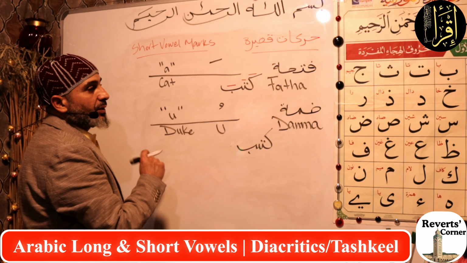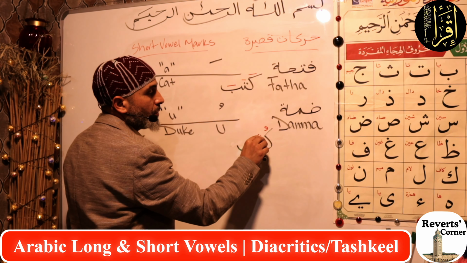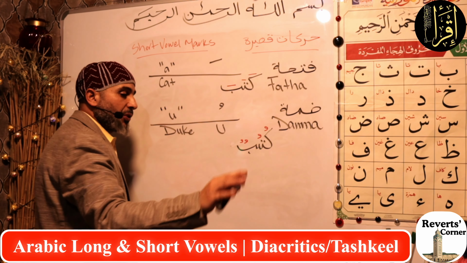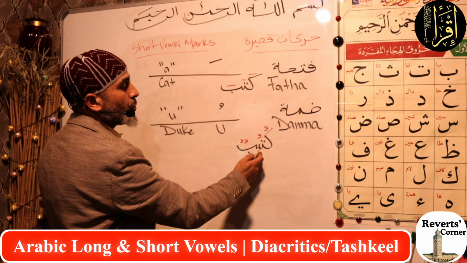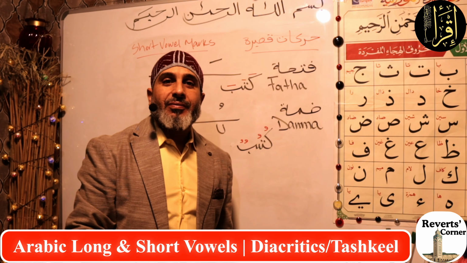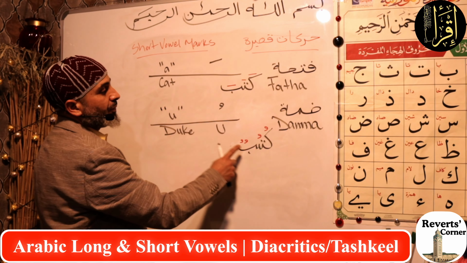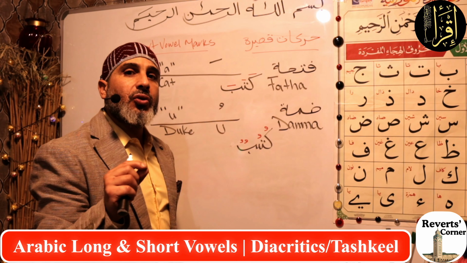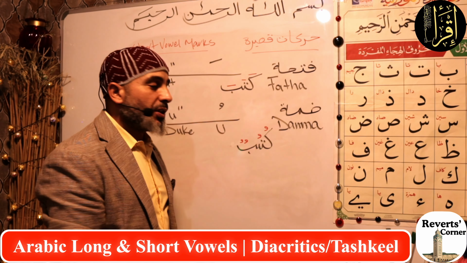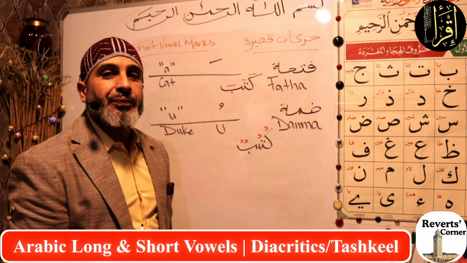If we assign the Damma, it's ku, tu, bun. This one has two, but we'll explain that later. Kutubun. Therefore, the base consonant kaf is ku, ta is tu, and ba is bu or bun.